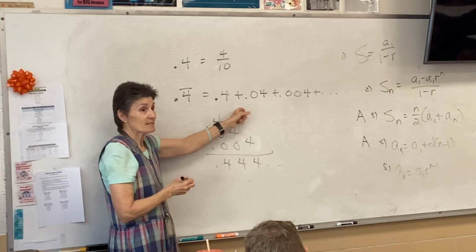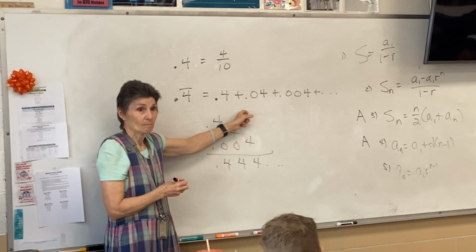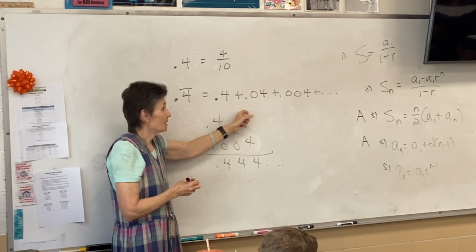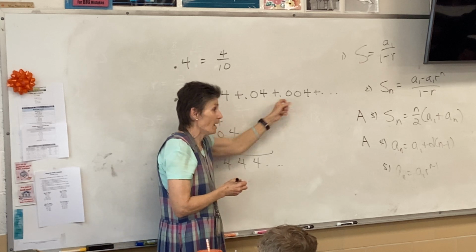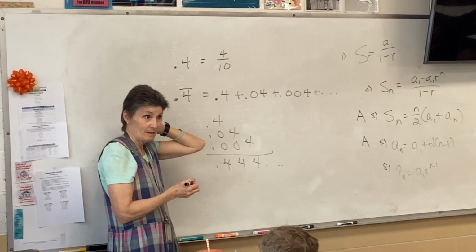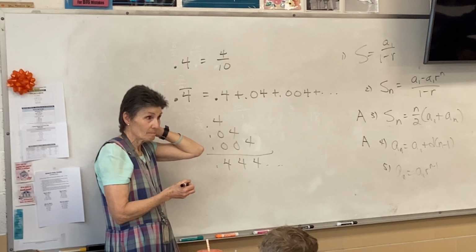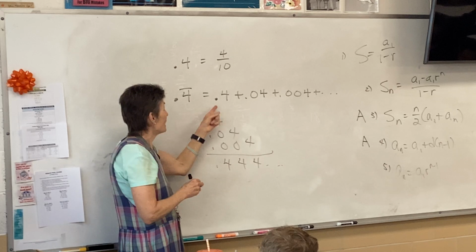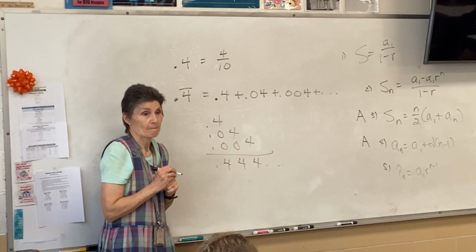Now, this is a geometric sequence, believe it or not. I am multiplying by what? Each term I am dividing by 10 or multiplying by 1/10. Take your calculator and multiply 0.4 times 0.1.